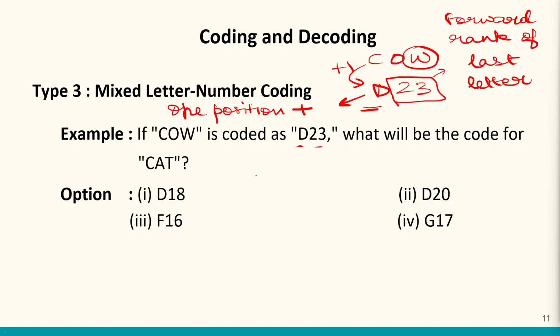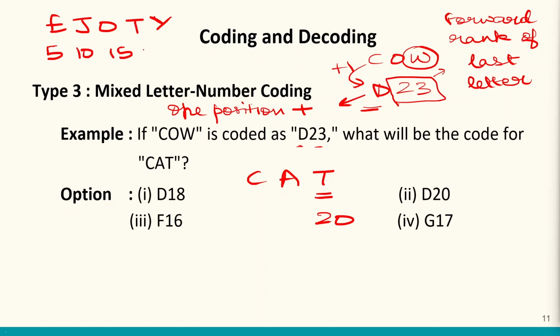So similarly, for cat we have to find out. For the last letter T, the forward rank is 20. You can remember this with the help of a shortcut I told you, AJOT. E is ranked at 5, J at 10, O at 15, T at 20 and Y at 25.